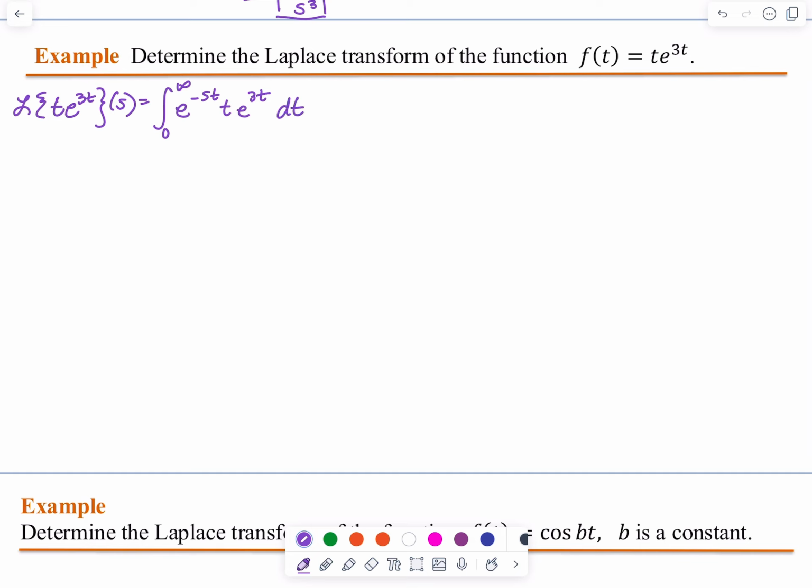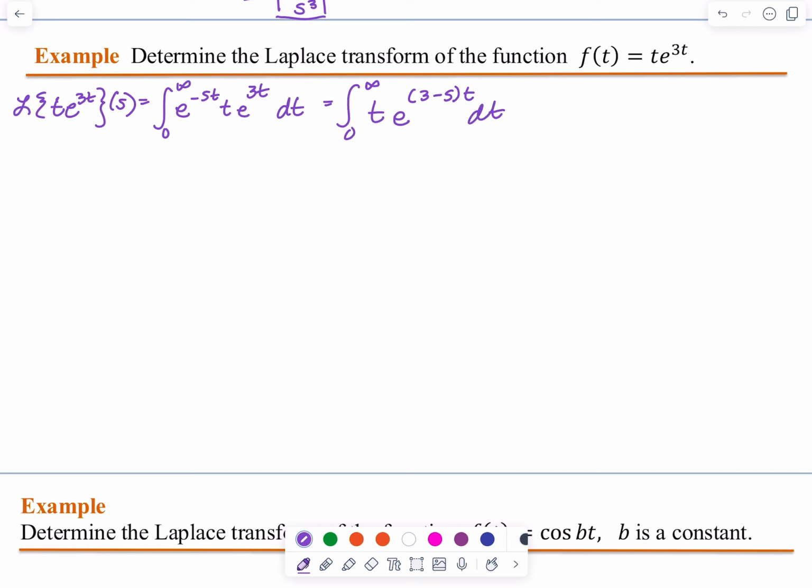And that is equal to the integral from 0 to infinity of t e, and let's go ahead and combine those exponents. We have 3 minus s multiplied by t. Let me just fix that, 3t dt.